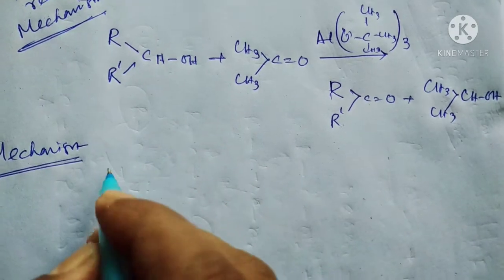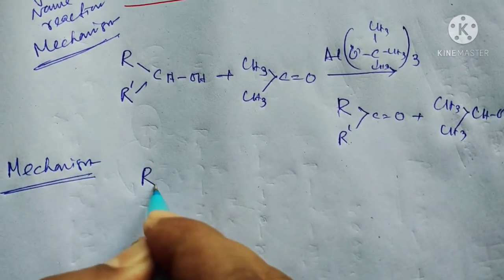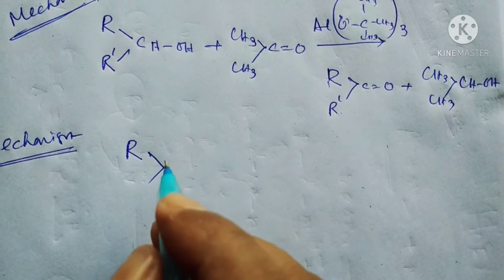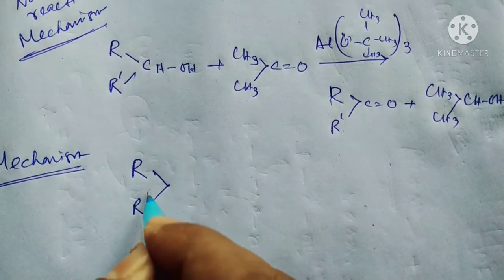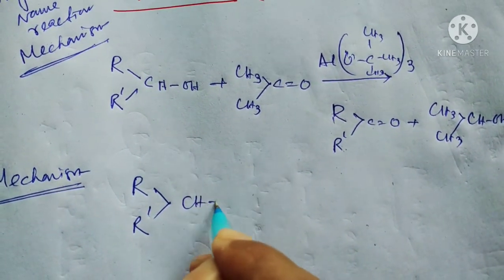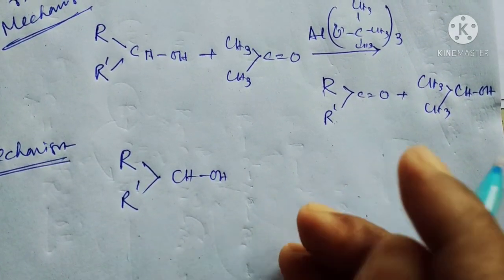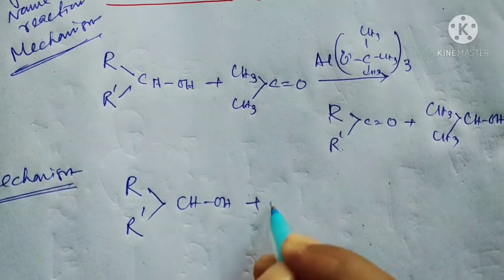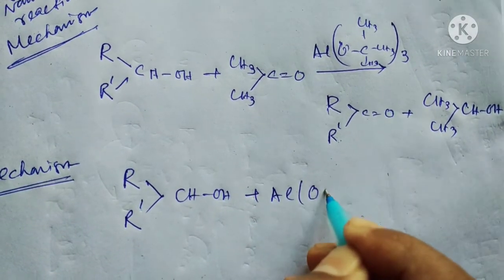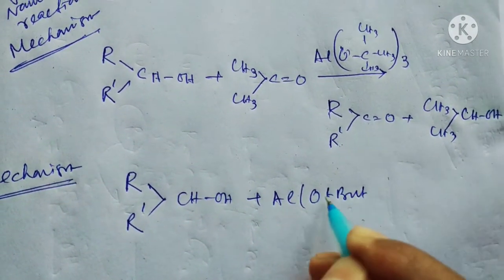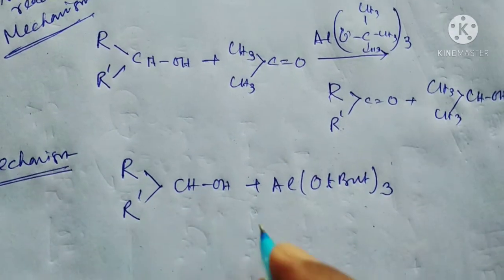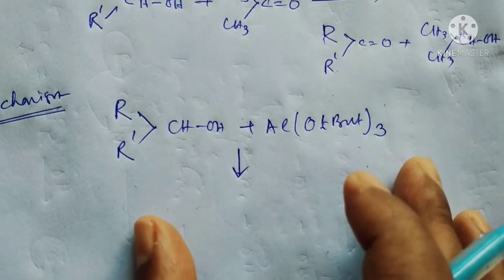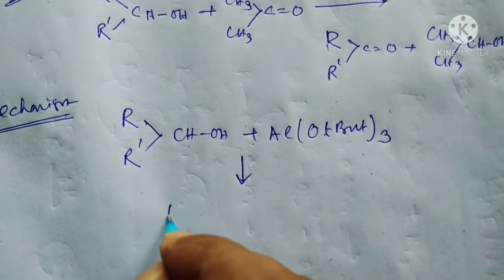Here in the first step, the removal of the tertiary butyl group from the aluminum tertiary butoxide by the secondary alcohol occurs. I am writing aluminum tertiary butoxide here simply like this. Okay, this is how.